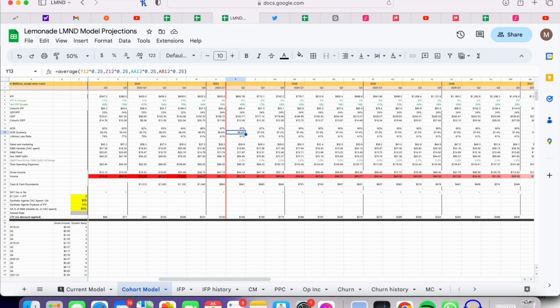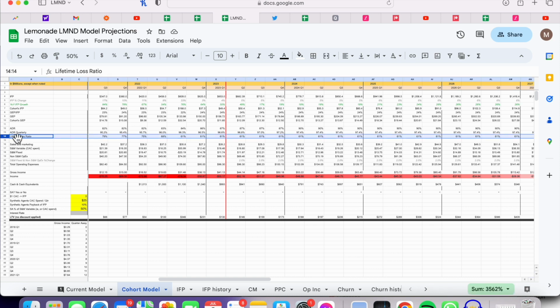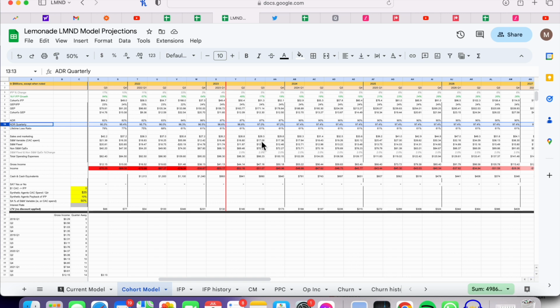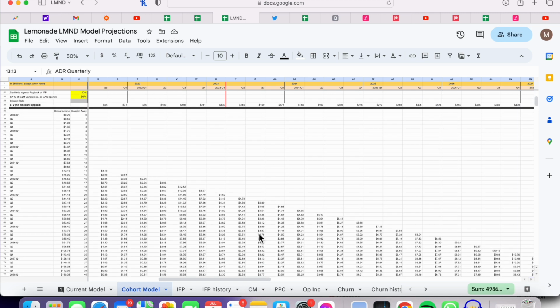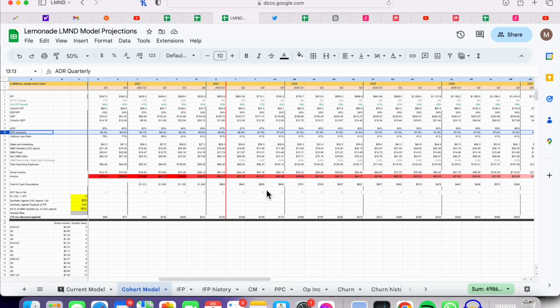These metrics, these inputs, are going to be applied to the entire cohort's life. So you can modify them per cohort, but it's going to be the exact same descent.